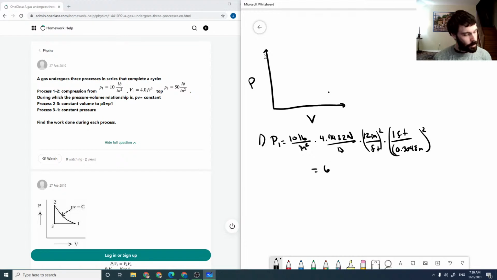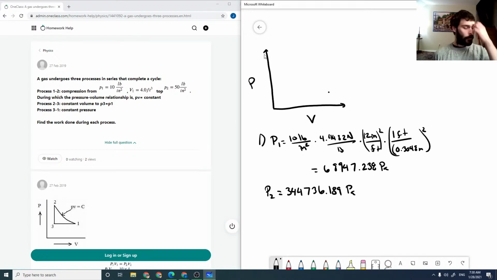This comes out to 68947.238 pascals. And our pressure 2 is 344,736.189 pascals.